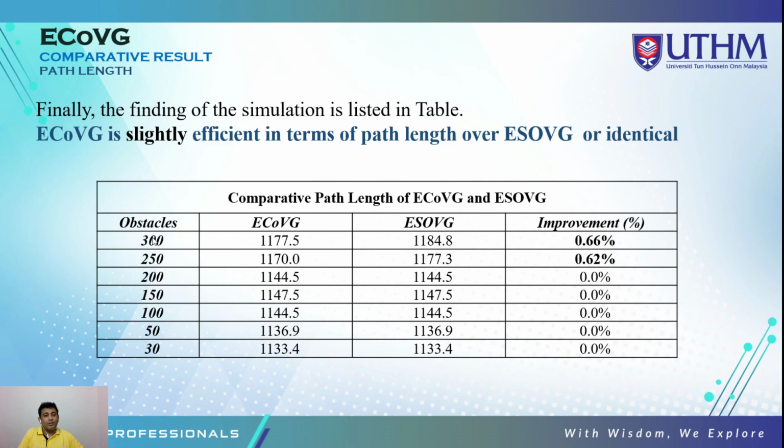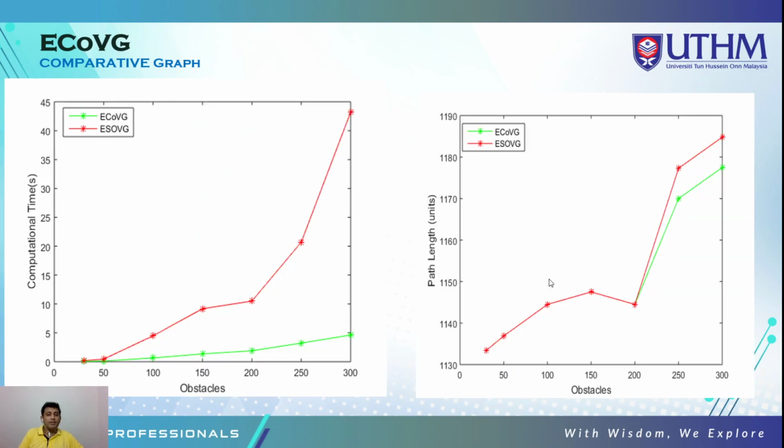Again, for path length with 300 obstacles and 250 obstacles, EQVG got the shorter path, meaning EQVG is better than ESOBG. Only when the obstacles are 300, when obstacles are dense. But when obstacles are reduced, EQVG and ESOBG have almost identical path length.